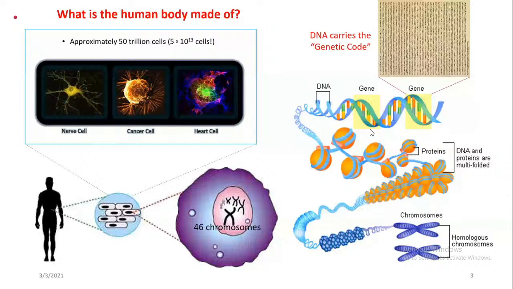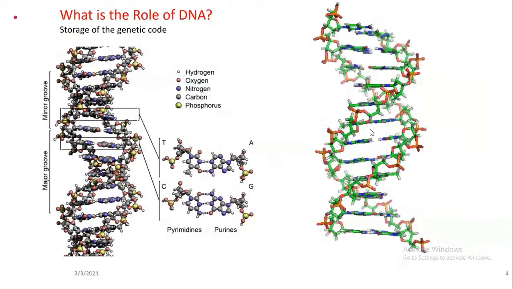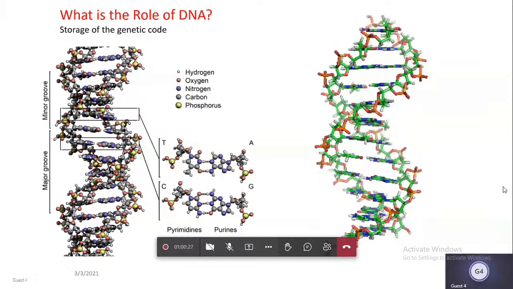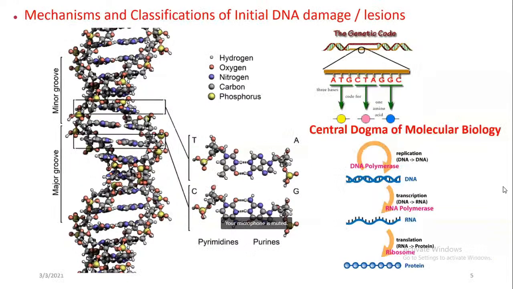DNA is a double helix chain of nucleic acids or nucleotides tagged as T, A, C, and G, which are abbreviations for thymine, adenine, cytosine, and guanine. In the central dogma of molecular biology, DNA contains instructions or coding that are used to create proteins.